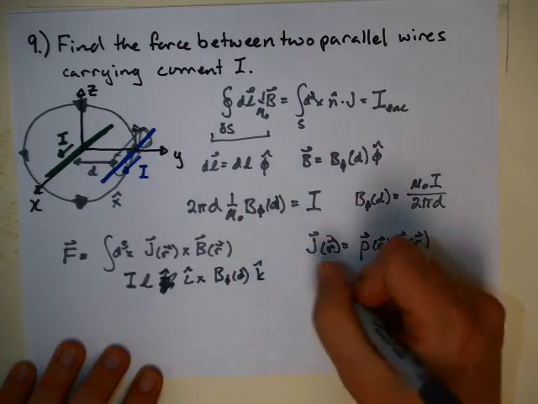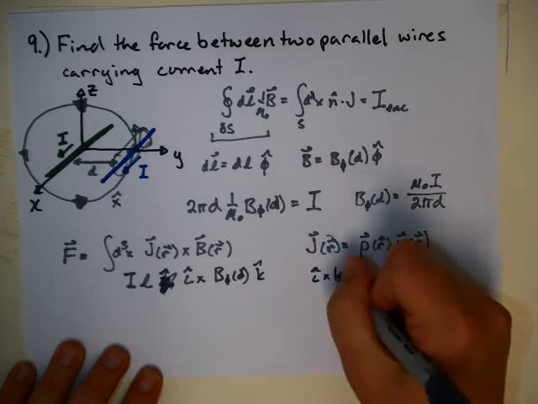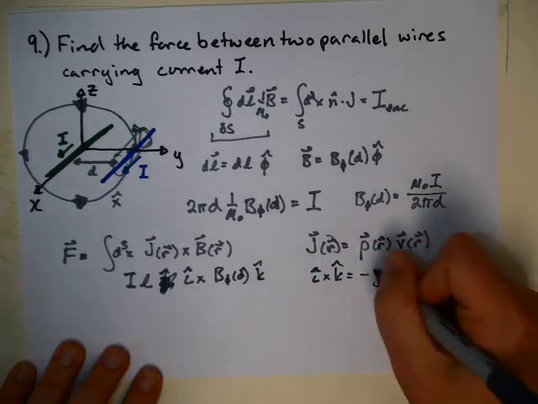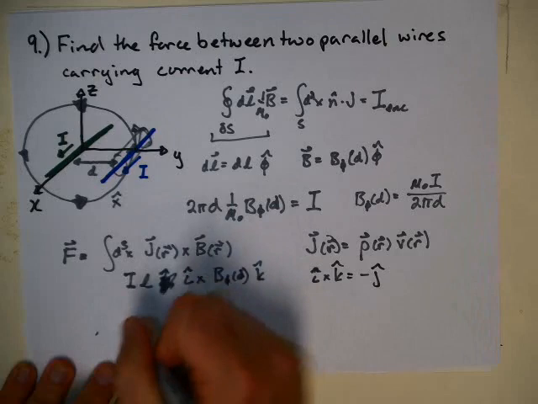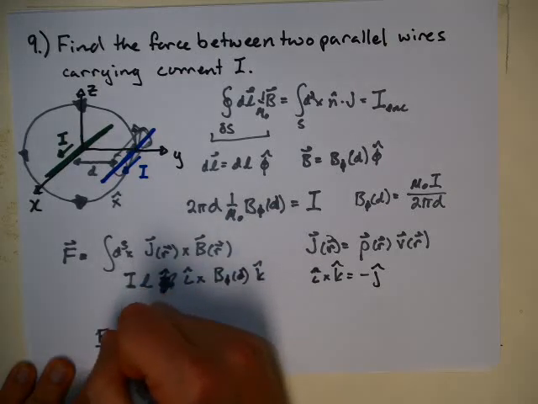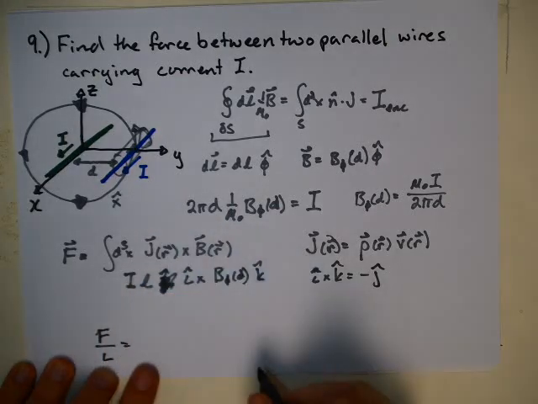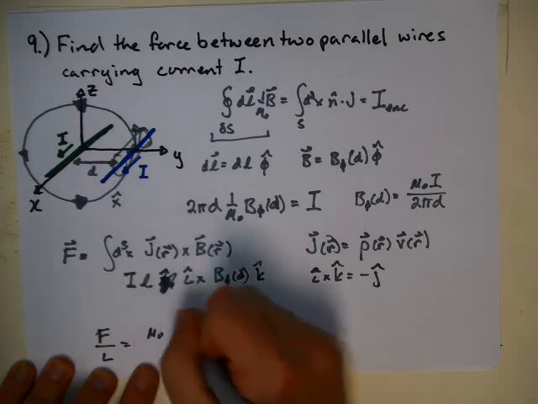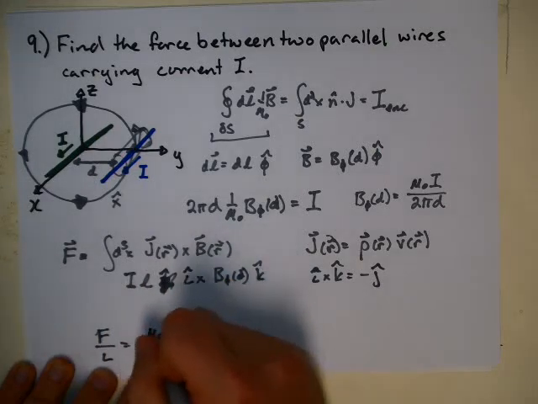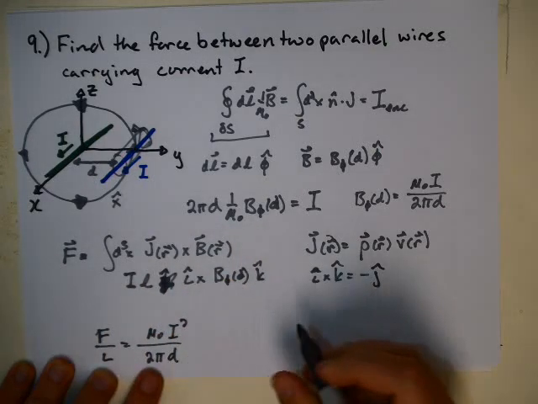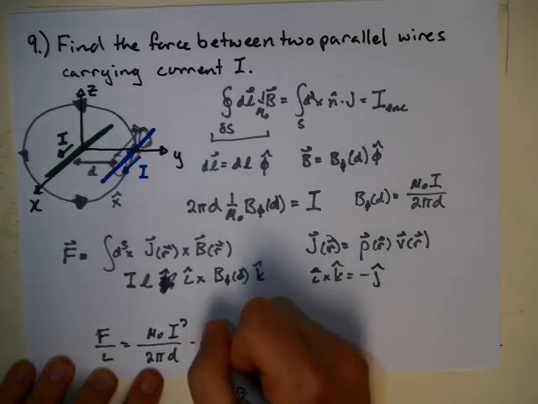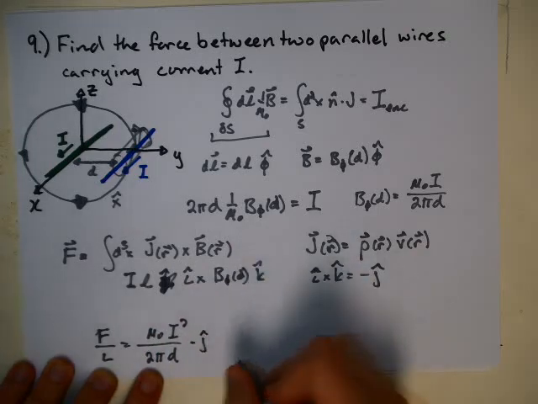So I hat cross k hat is minus j hat. And so divide both sides by the length. The force per unit length is going to be mu naught I squared over 2 pi d, and it's going to be in the minus j hat direction.